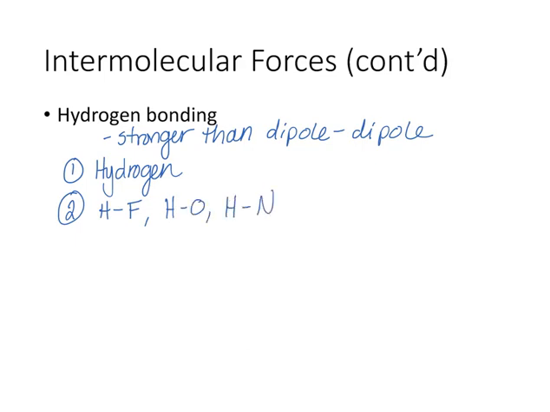And remember, you can remember this using hold the phone, F-O-N. All right. Now, the other part of this is a hydrogen atom might be between its bonded electronegative atom and a lone pair on another atom that's also electronegative.